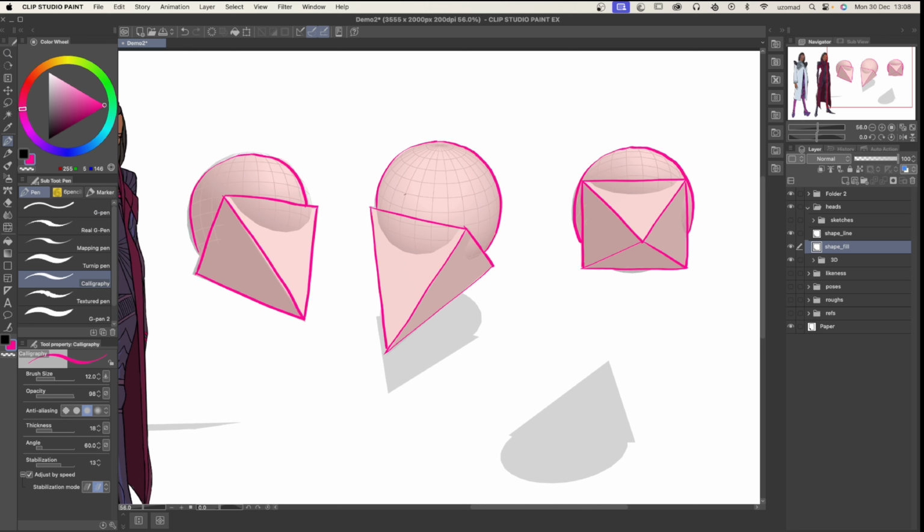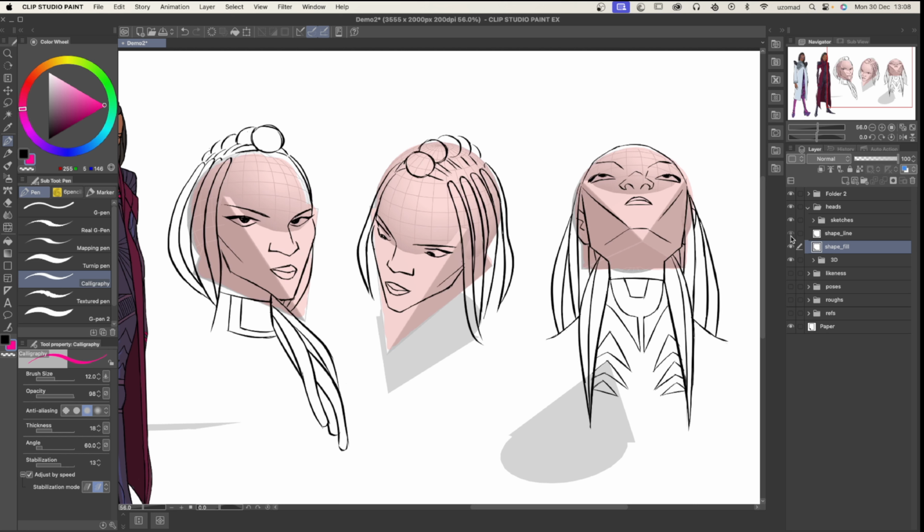This is the shape that we get out of these different angle rotations. And then I did draw overs of the head at these different angles, and you can see that I followed the solid shapes underneath. So this is how I go about drawing heads at different angles.